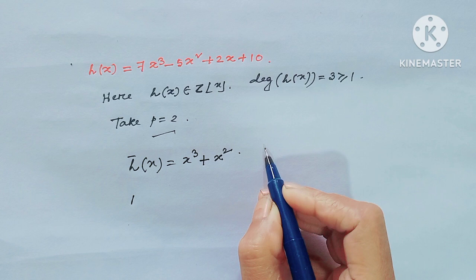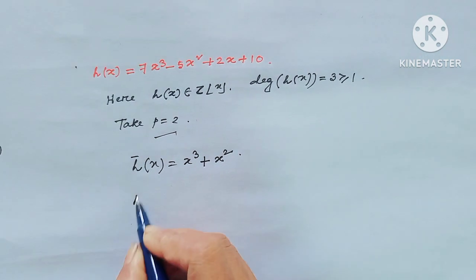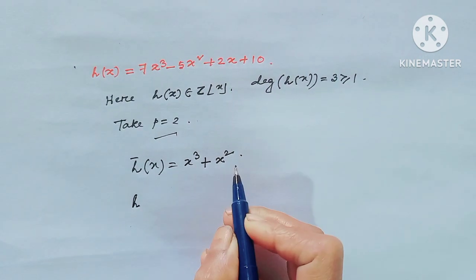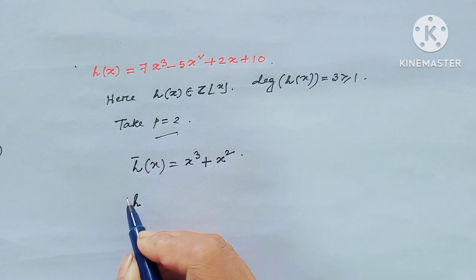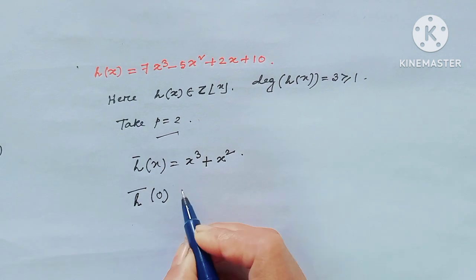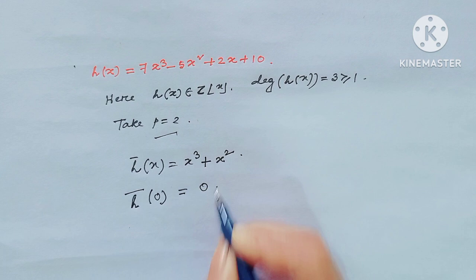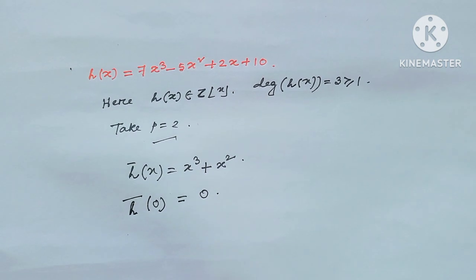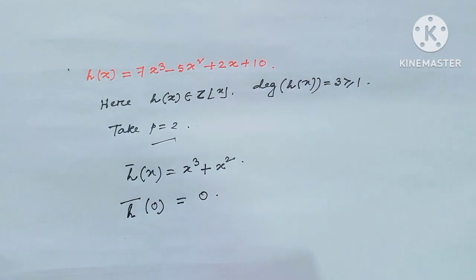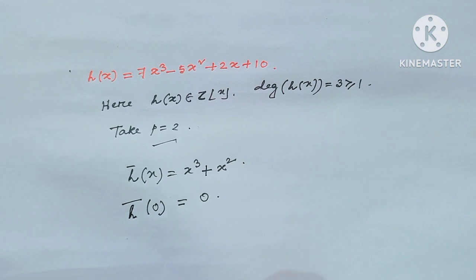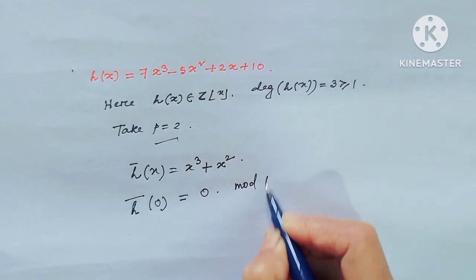Here the degree is the same, so we can apply the mod p test. Notice since there is no constant term, h bar(0) equals 0. That means this polynomial has a root, so the mod p test fails.